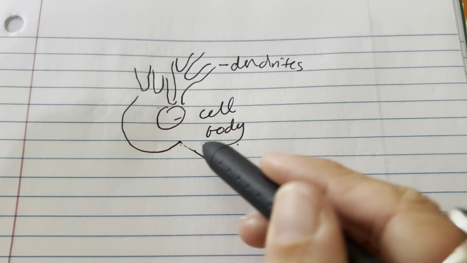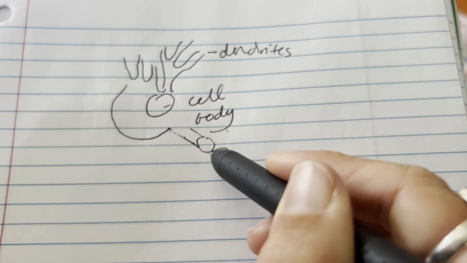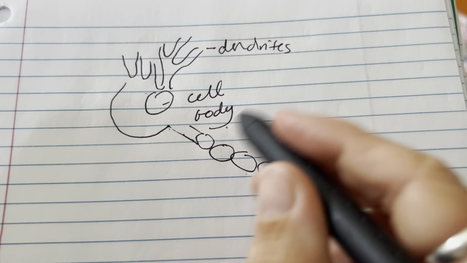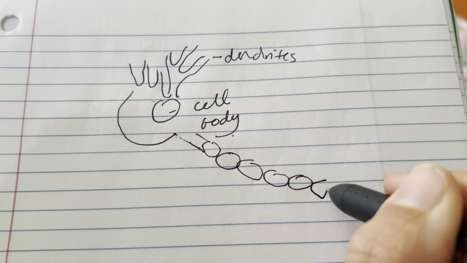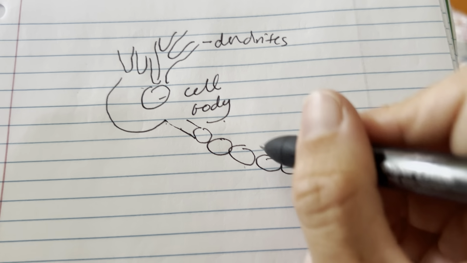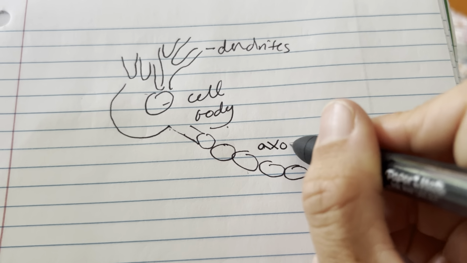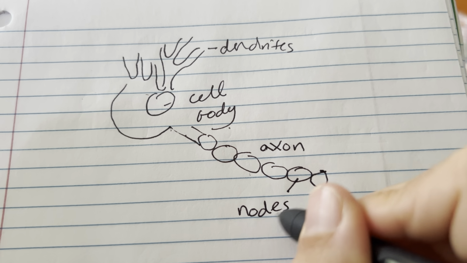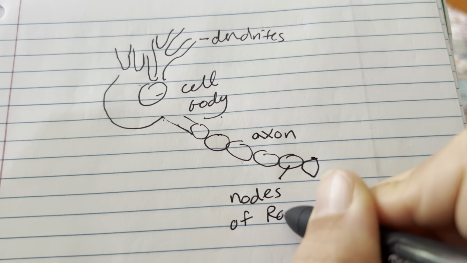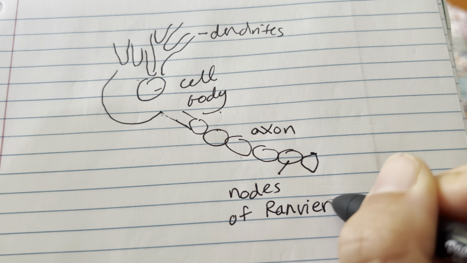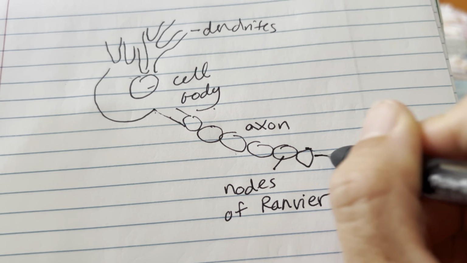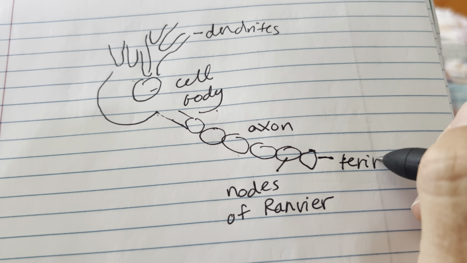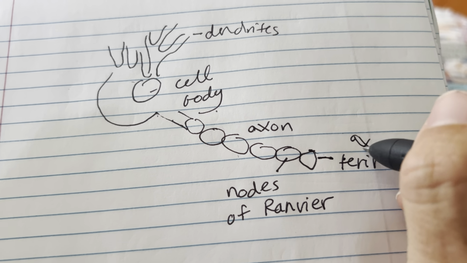Then we have the axon. And on that axon, we have all of these nodes called the nodes of Ranvier. We also have the end of the axon, the terminus.